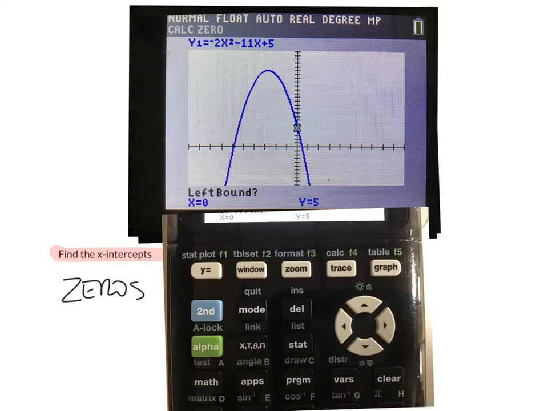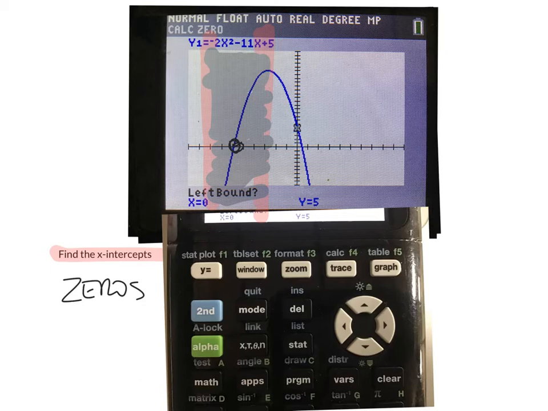The way your calculator is set up is you have to go through a process twice. To find this x-intercept, you have to tell your calculator, look in between here and here for where it crosses the x-axis. You have to give your calculator a range where it has to look. It can't just calculate the x-intercepts for you automatically.